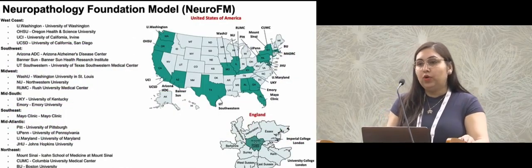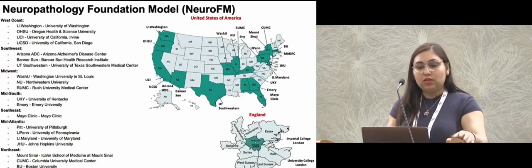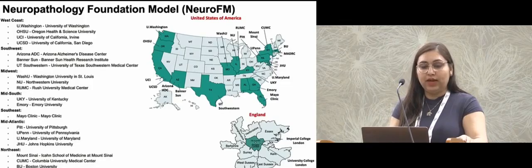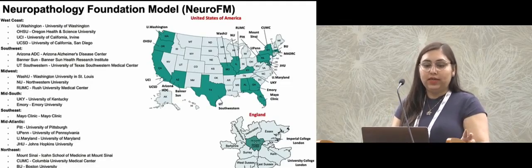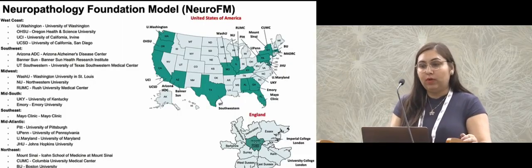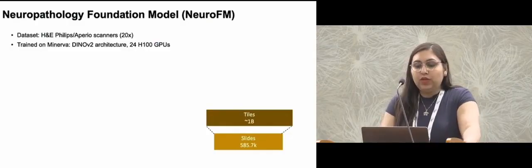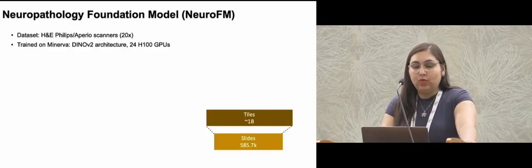So we have developed a neuropathology foundation model using data from US as well as England. So I'm listing some of the sites from where we sourced the data for training our model as well as testing our model on several downstream tasks. So in total, we used 585,000 slides and 1 billion tiles we extracted out of those to train our model.